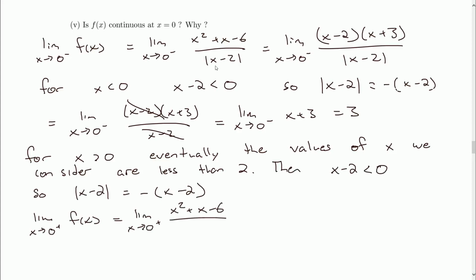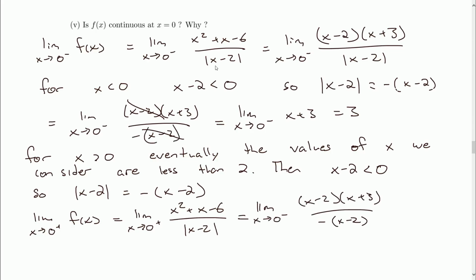And we can simplify this. x minus 2, x plus 3 over negative of x minus 2. Oh, I forgot to do a negative sign back here. So it'll be negative 3. Oh, these should be pluses. Negative of x plus 3, and this is going to be an answer of negative 3.